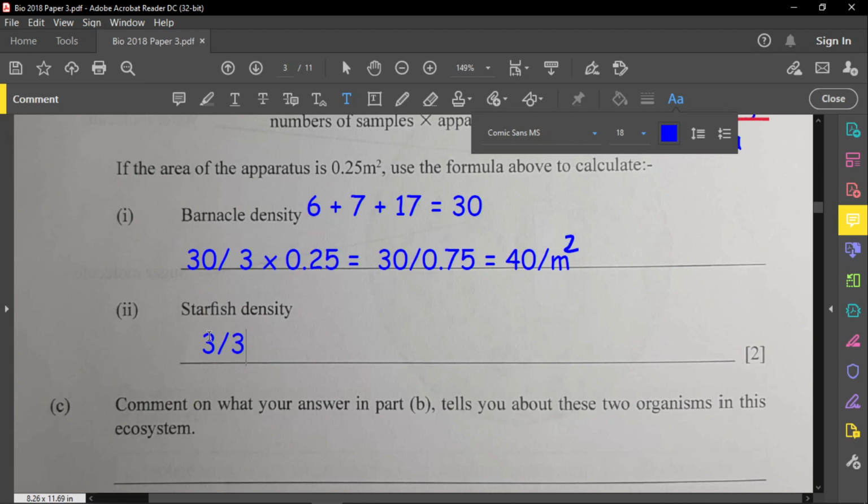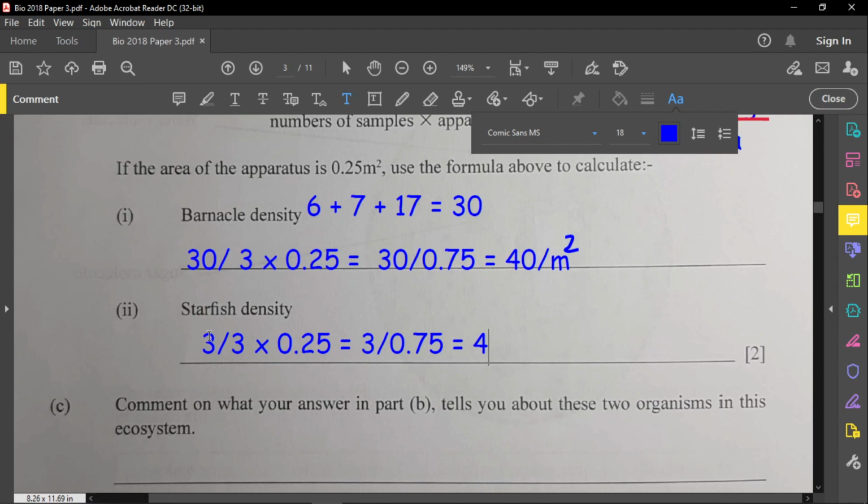So 3 divided by 3 multiplied by 0.25, and all of that is equal to 3 divided by 0.75, because 3 multiplied by 0.25 is 0.75. All of this is equivalent to 4.